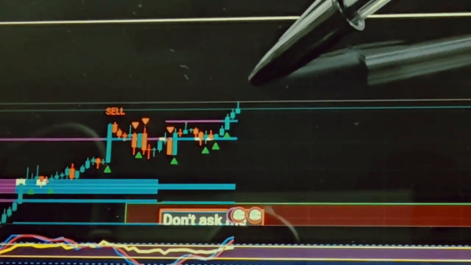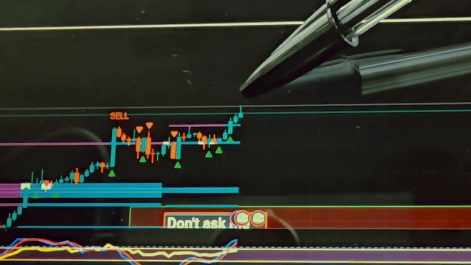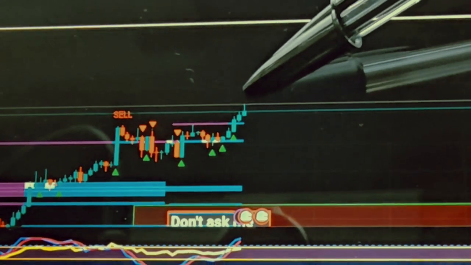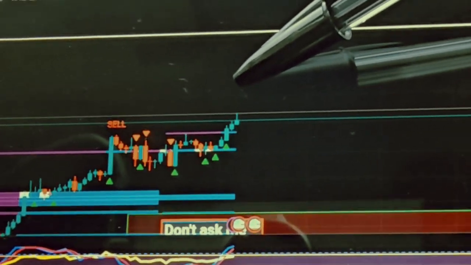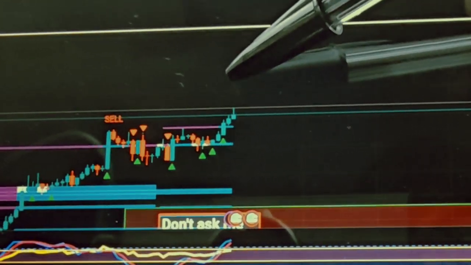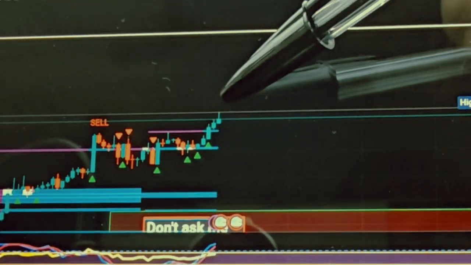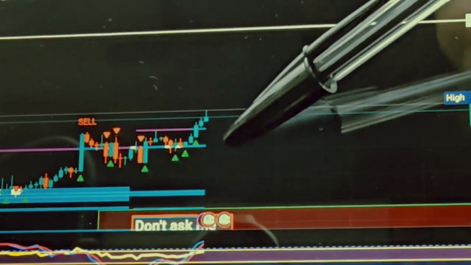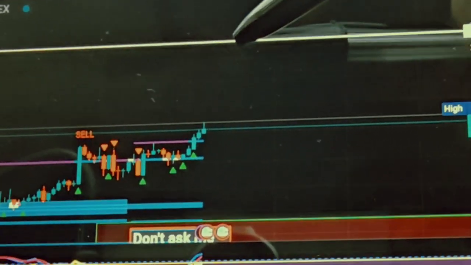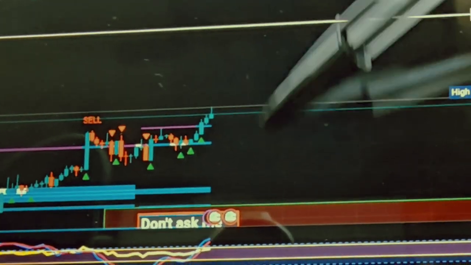The reason we see wicks like this is because there are idiots on this planet who only think of themselves. Idiots who go around opening large quantities of leverage trades and end up losing money. When they lose money, this is what happens. We can't pump up, we pump down because the market just got liquidated.